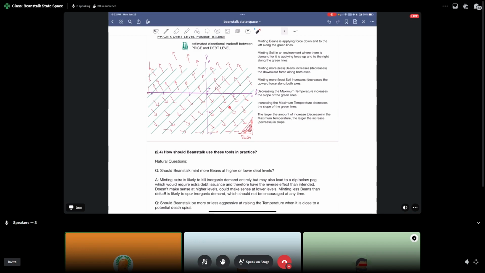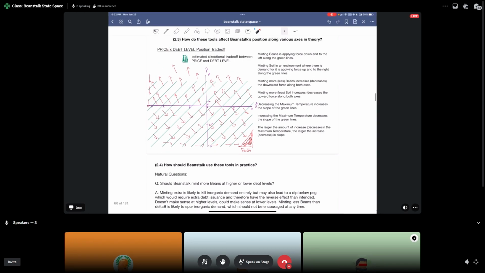The thing to do is for Beanstalk to be aggressive and say it's just not going to issue more debt at higher rates. So it should really be less aggressive in raising temperature, which is more aggressive, I think, in the grand scheme of things, and try to move the directional force this way. So whether that means lowering the temperature, unclear, but I definitely don't think increasing the temperature much at higher debt levels is necessarily the most productive thing, particularly with what we're seeing now, for example.